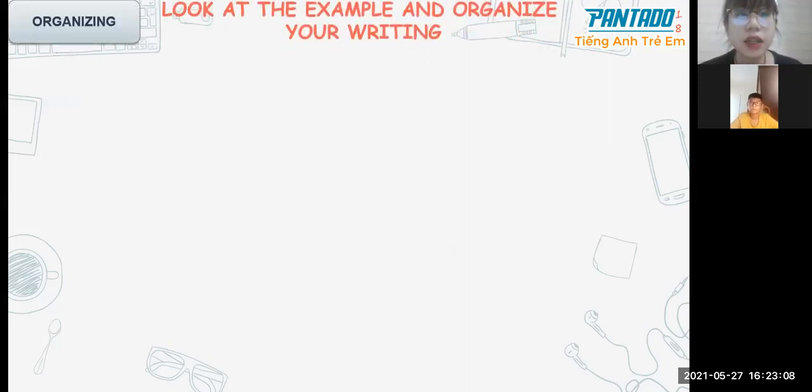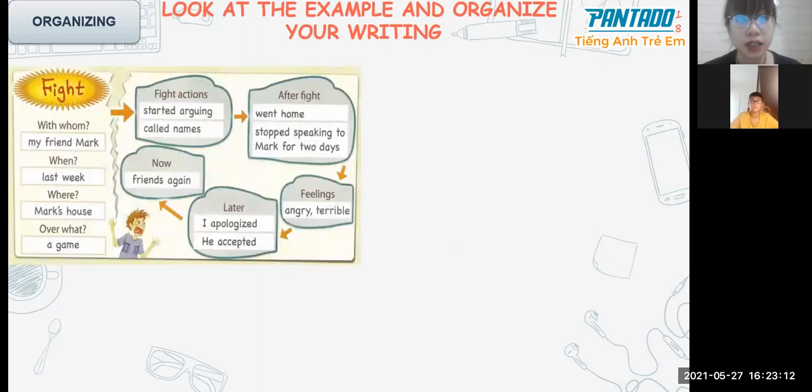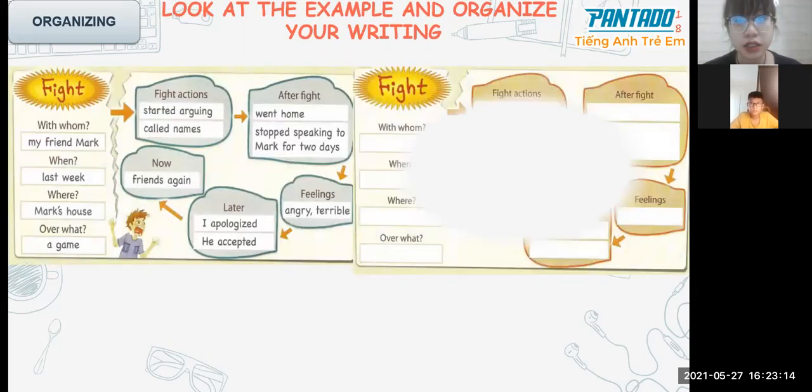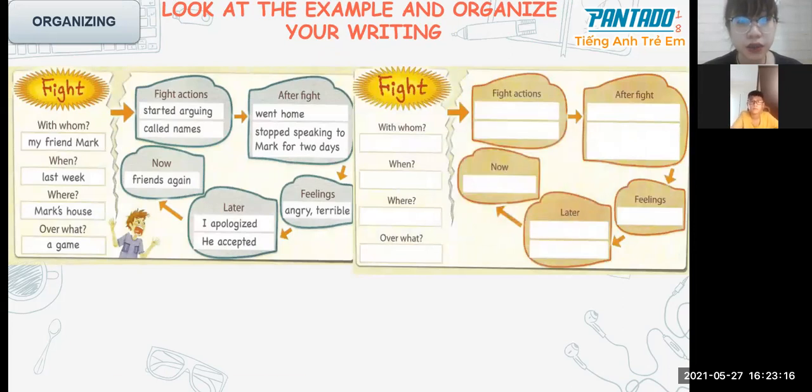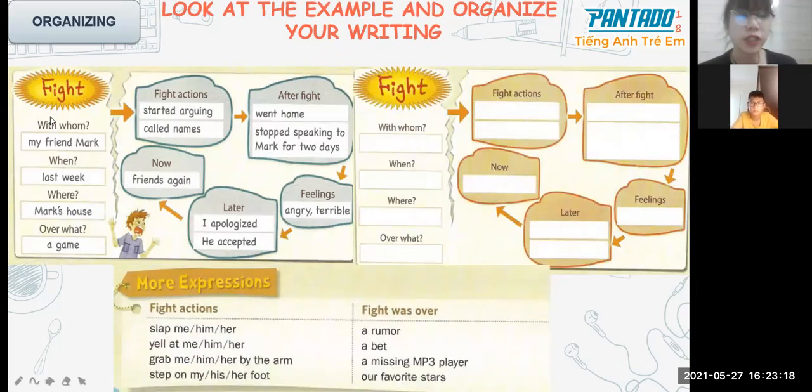So now let's move to the part of organizing. So there is one example here. Can you see the picture on the left? This one.